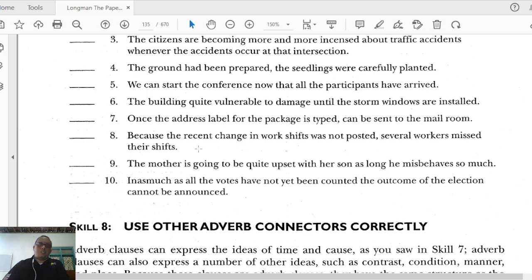Because the recent change in work shift was not posted, several workers missed their shift.